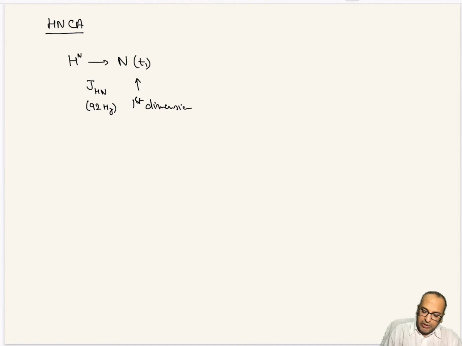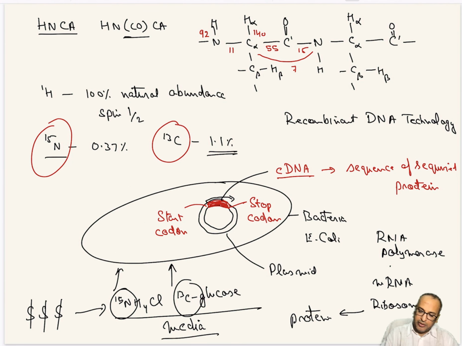Then from T1 the magnetization is transferred to C alpha, as well as C alpha of I minus 1. So if you notice here, I'm now drawing the magnetization transfer pathway.